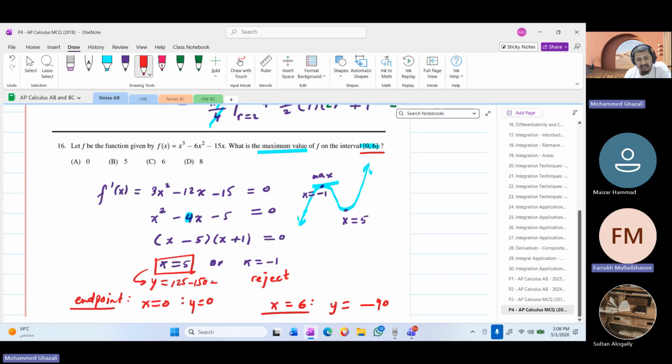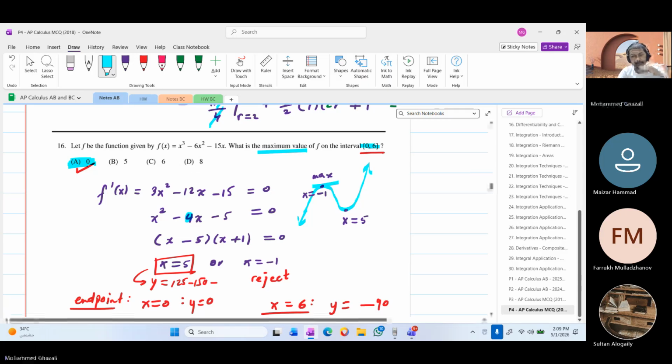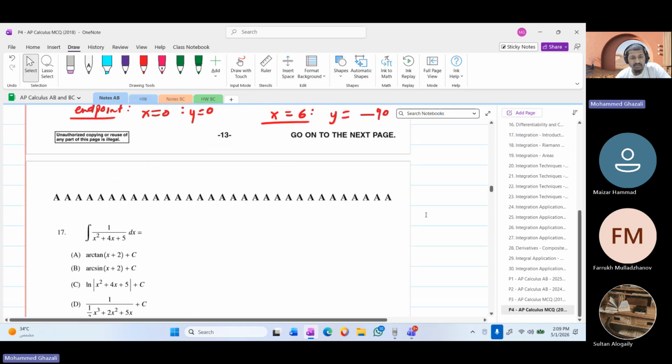So all these give us negative values. So the maximum answer is 0. That's it, because they ask for the maximum value between the intervals. So it occurs at the endpoint, not at the relative minimum or maximum. So x equal to 0 is an absolute maximum.